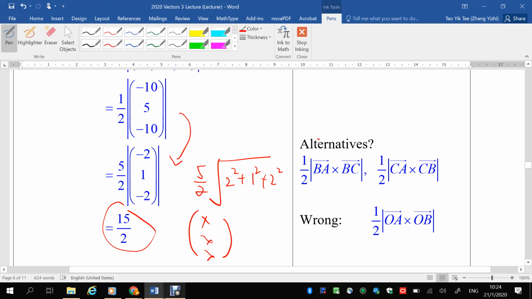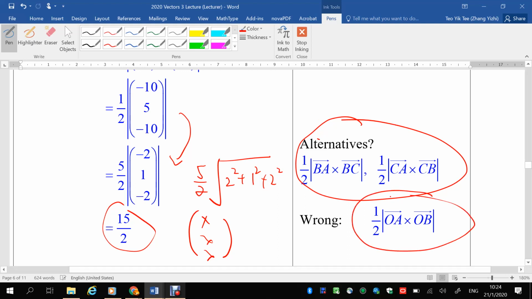Then of course in your right hand side column, instead of doing AB cross AC, I gave you a few other possibilities. But please don't ever go and do this: half OA cross OB. What area does half OA cross OB give you? Area of what triangle? This one gives me the area of triangle OAB.